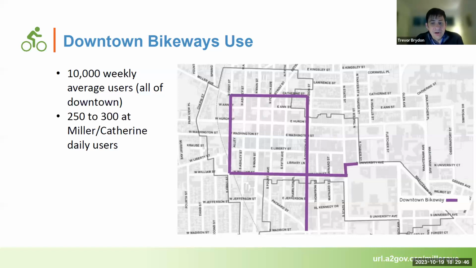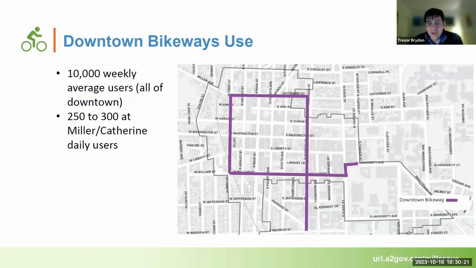Talking a little bit about cycle tracks and the bikeways that have been built downtown. Currently, there is an entire loop of continuous cycle track bikeway downtown that goes along William on the south end, Division from Catherine all the way down to Madison, First Street on the west side, and then Miller-Catherine along the north side. There are four opportunities for counters all along that area to track its use.